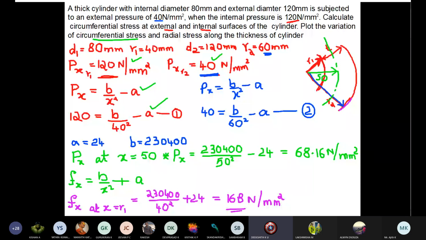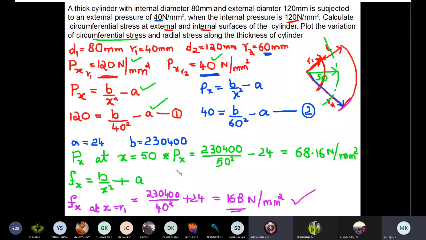Sir, in fx at x, I thought in r, sir. Sir, I think you are having doubt in this step. Yes, sir. That's clear, sir. That is R1 take.